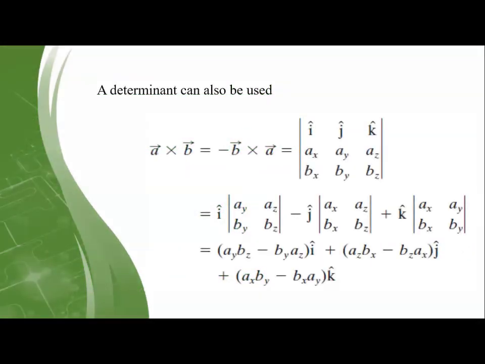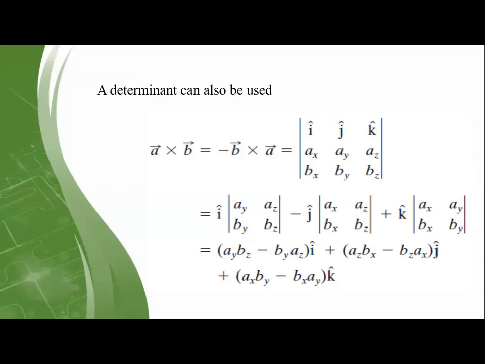The determinant can also be used. A cross B is equal to minus B cross A. We arrange a determinant and we put i hat, j hat, k hat in the first line, A vector components, which are AX, AY, and AZ, in the second line, and B components, BX, BY, BZ, in the third line.